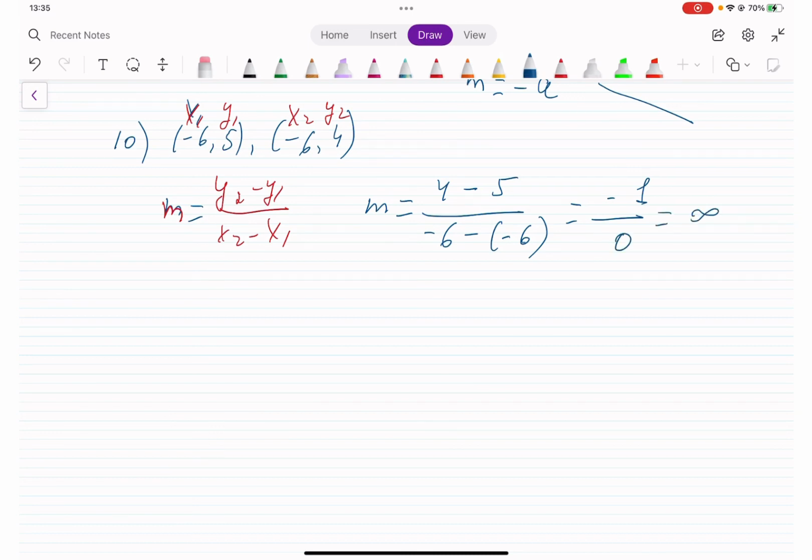Every time you divide by 0, you get infinity, which we call undefined. And the slope is undefined. You know, it's undefined like when a rocket is taking off to space. That's why the slope is infinity. It's a straight line to space. Okay, and the line is vertical, obviously.